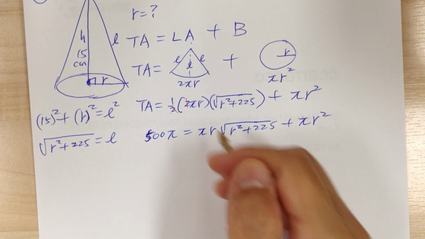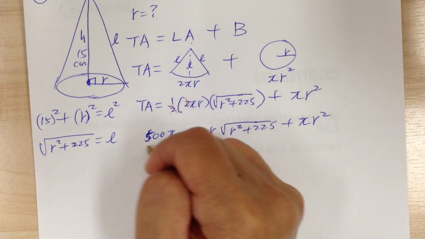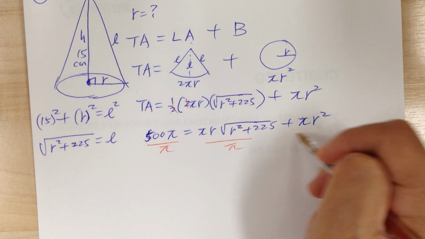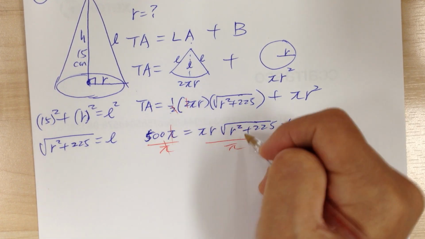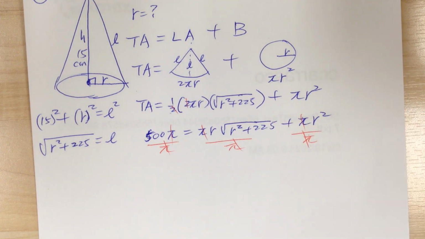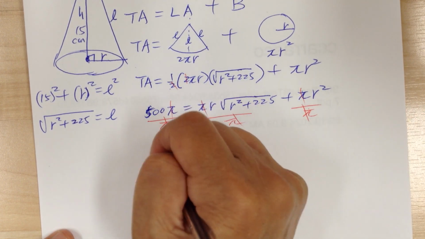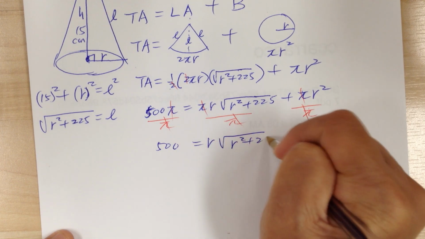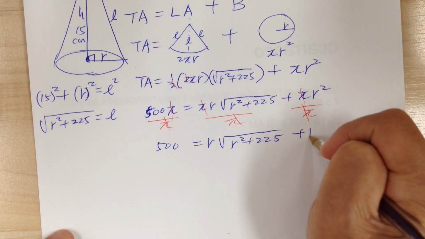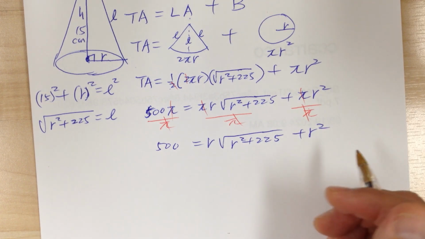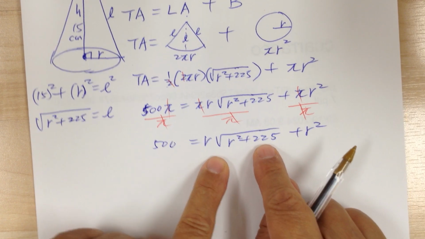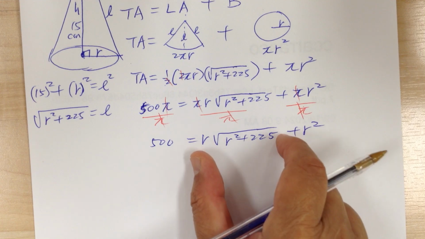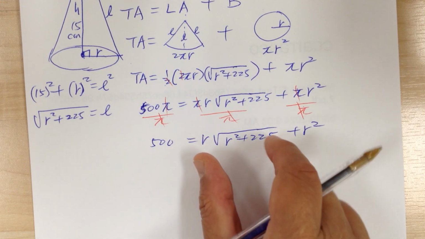What we're going to do next is divide everything by pi. Notice there's a pi everywhere, so we divide by pi to get rid of it. So we got 500 equal to r times the square root of r squared plus 225, plus r squared. Now you have to use your algebra. Since it's a square root, we need to isolate it and square both sides to get rid of the square root.